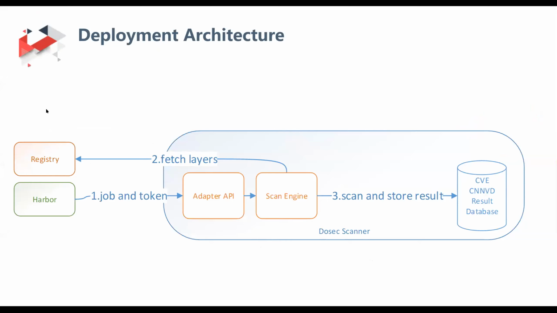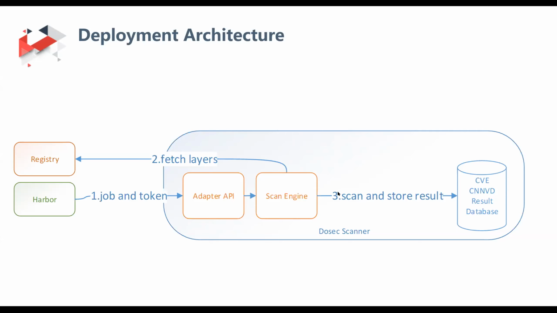Well, first I'll introduce the deployment architecture. On the left side is Harbor and the registry, and on the right side is DoSec scanner. Let's see how a scan job works. First, Harbor will send a job and a token to the adapter API, which is implemented by the DoSec scanner. And then the scan engine will use this token to fetch layers from the registry.